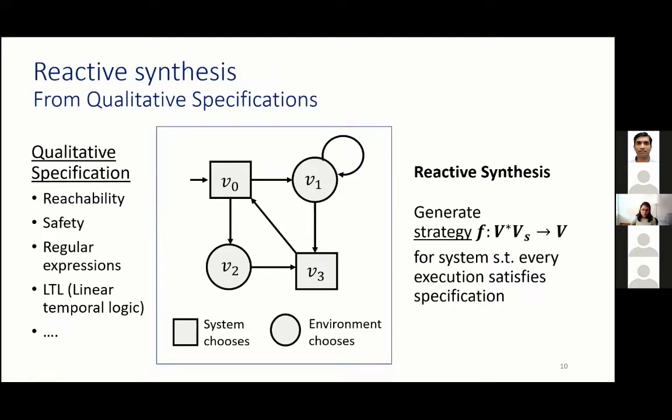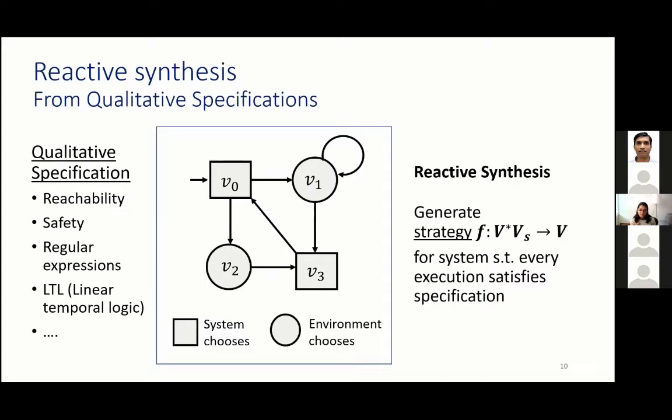So given a qualitative specification and a model of the system and environment interaction, the reactive synthesis problem is to generate a strategy F. And the strategy F is a function from sequences of paths on the graph to a new vertex. Here, V are the vertices, the states in the graph, and Vs are the square states.